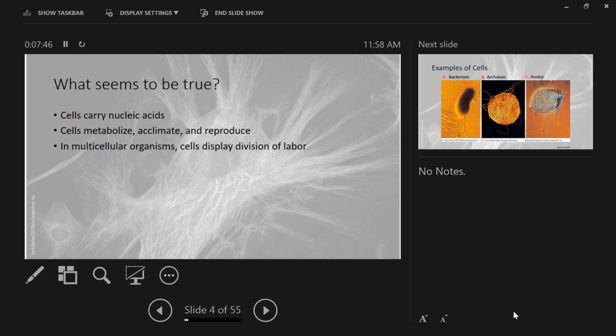Because in a multicellular organism, all of the cells that belong to that organism descended from a single cell, the zygote. They all descended from that cell, meaning they're all genetically identical, and yet some of them are doing different jobs than others and actually look different than others.